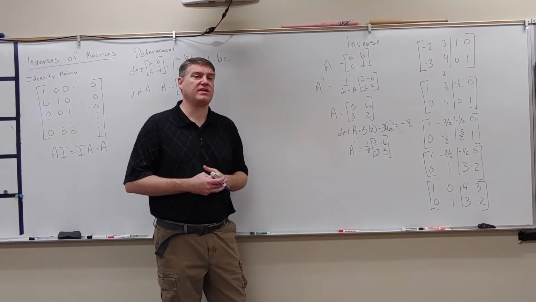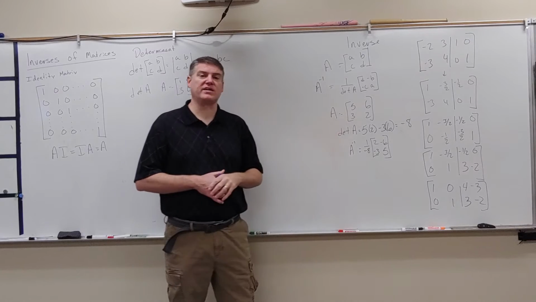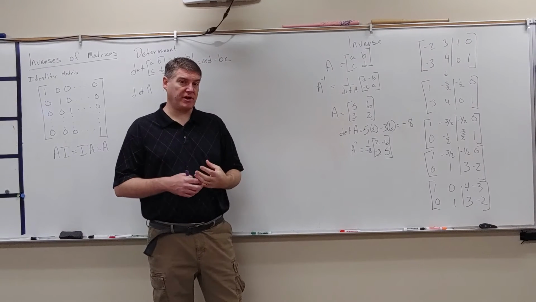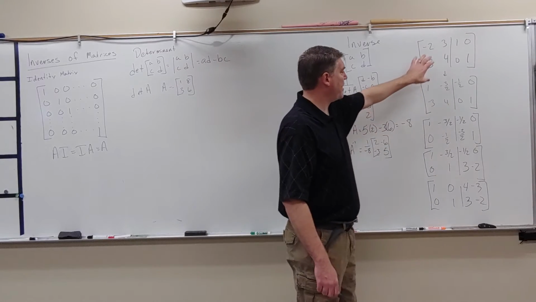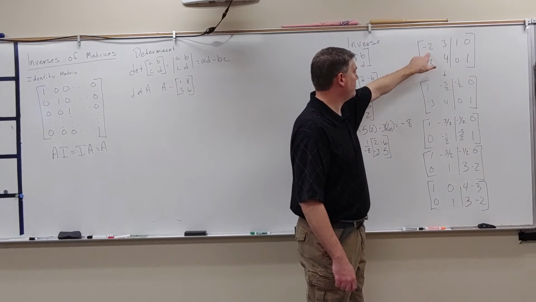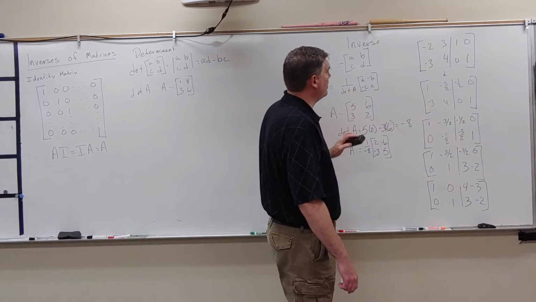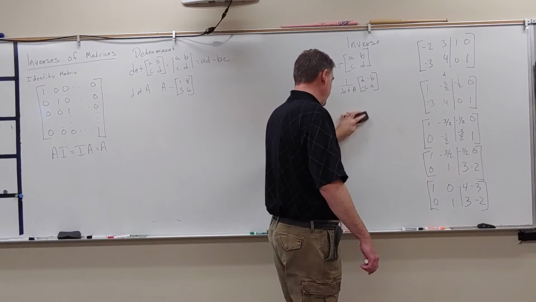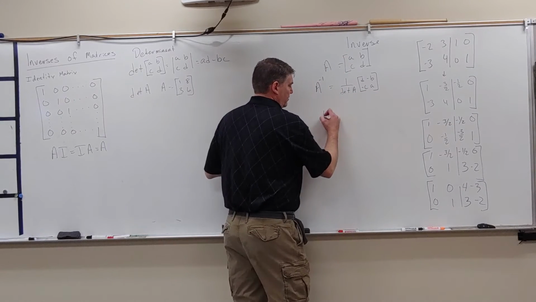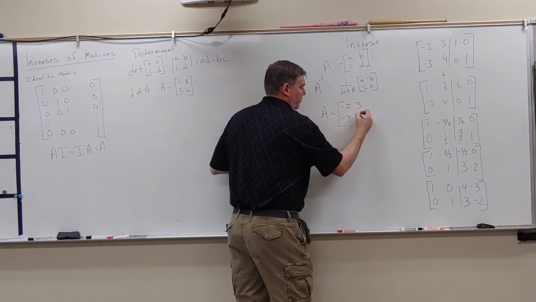If we have anything larger, we have to go back to that idea of solving a matrix. Okay? So I'm going to put my matrix here. So here's my original matrix. I have negative 2, 3, negative 3, 4. Okay? So A, in this case, is this, right? So A equals negative 2, 3, negative 3, 4.